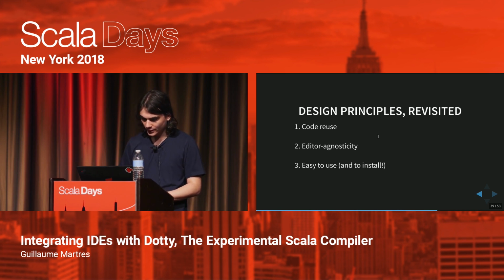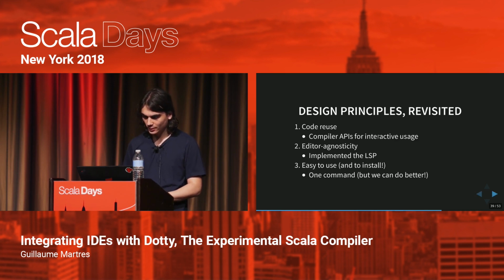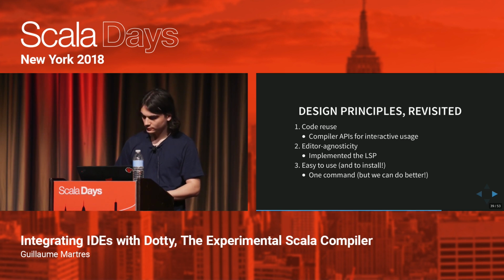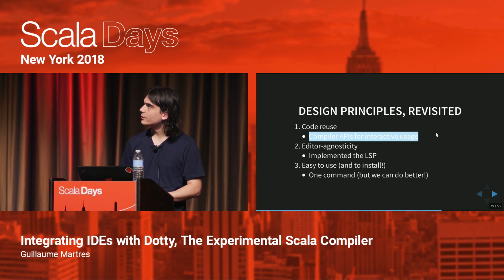So I can do a quick demo, maybe. I can try. So if you want to follow along, you can go to GitHub, lampepfl, dotty-example-project. And you can clone that thing.